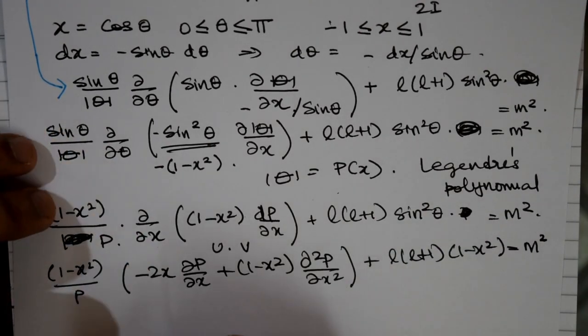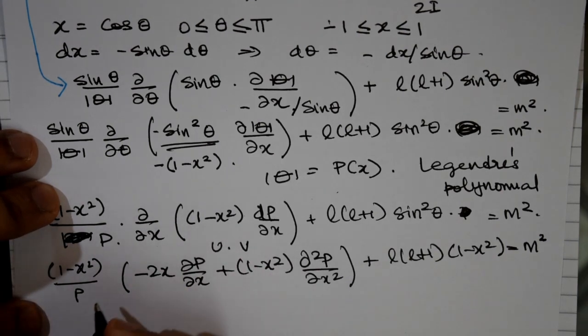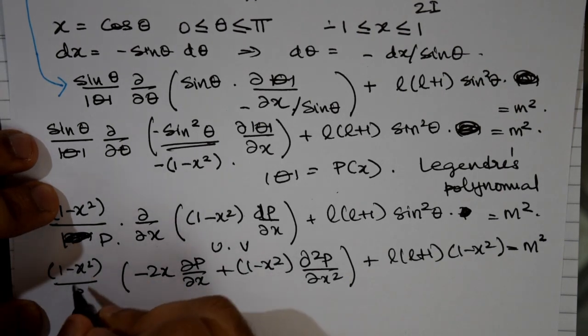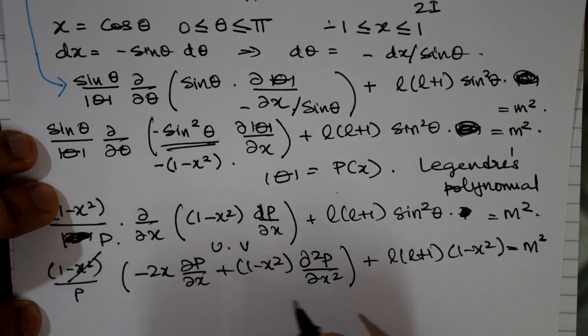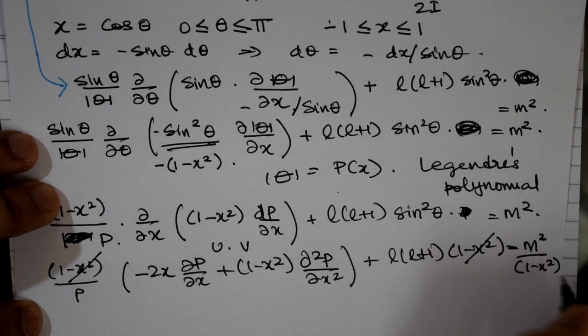So this would finally end up being, if you are able to see, there's a 1 minus x square everywhere. So if I cancel it here, you're going to get it in the denominator here.